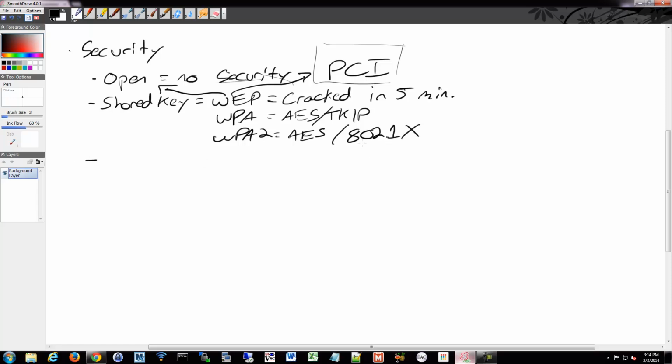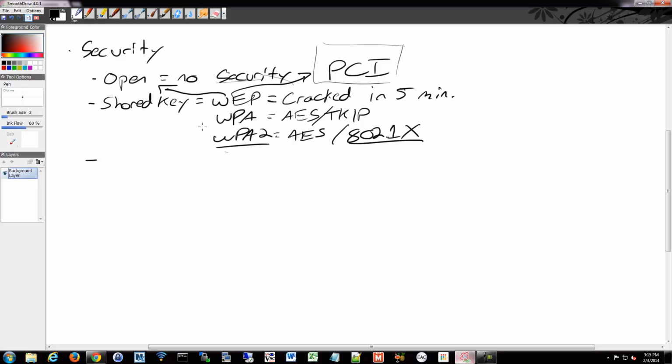So this method is the most secure. If you use WPA2, that's the preferred method of security for your wireless network, and 802.1x is the preferred method for authenticating and ensuring people are who they are supposed to be to get onto your network. But in order to do so, it's really more for environments that have a database of users.